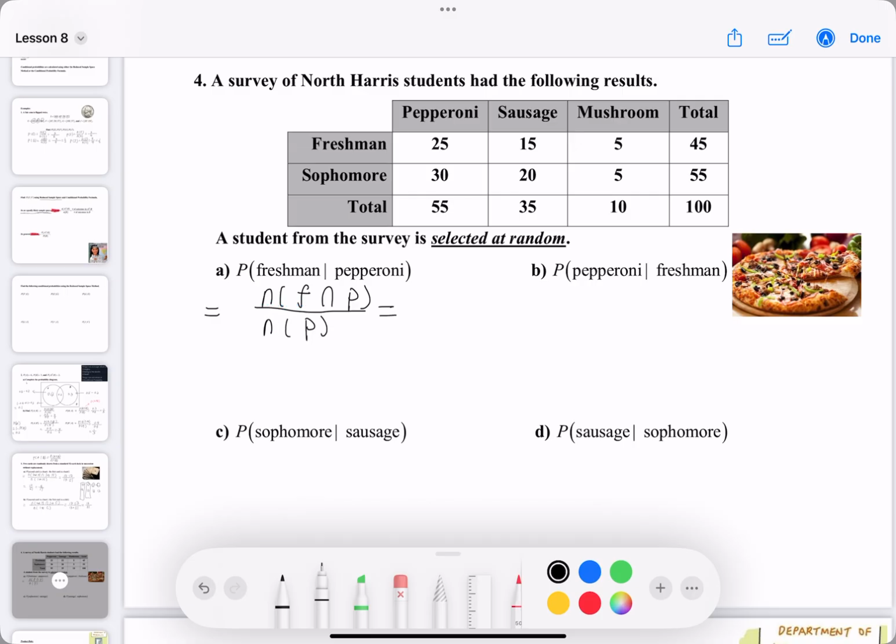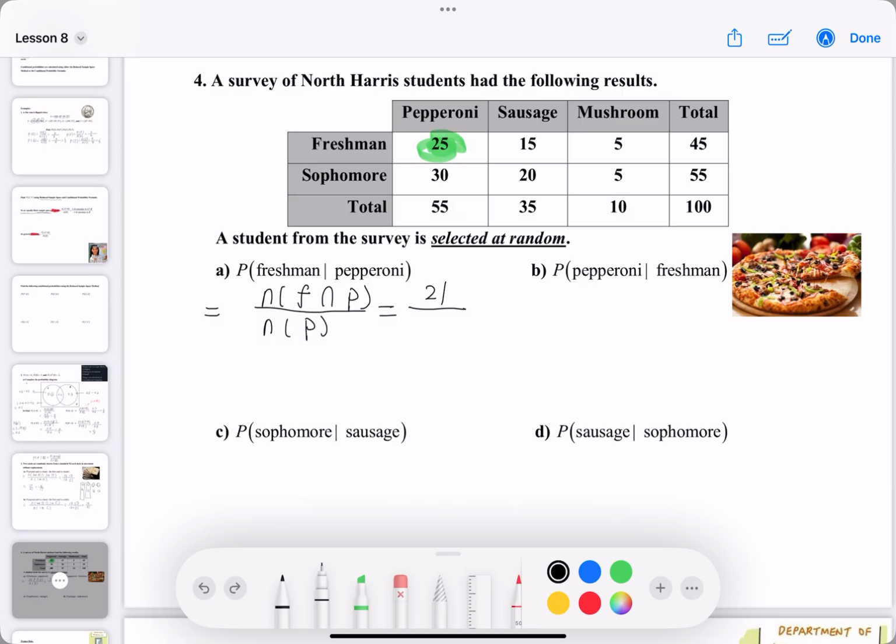So let's see what is the N of freshman and pepperoni. We need to find the intersection area. So pepperoni, freshman, that's 25. So on the top, we are having 25. This means the student is a freshman, and also he chose the pepperoni. And the denominator is N of P. So N of pepperoni.